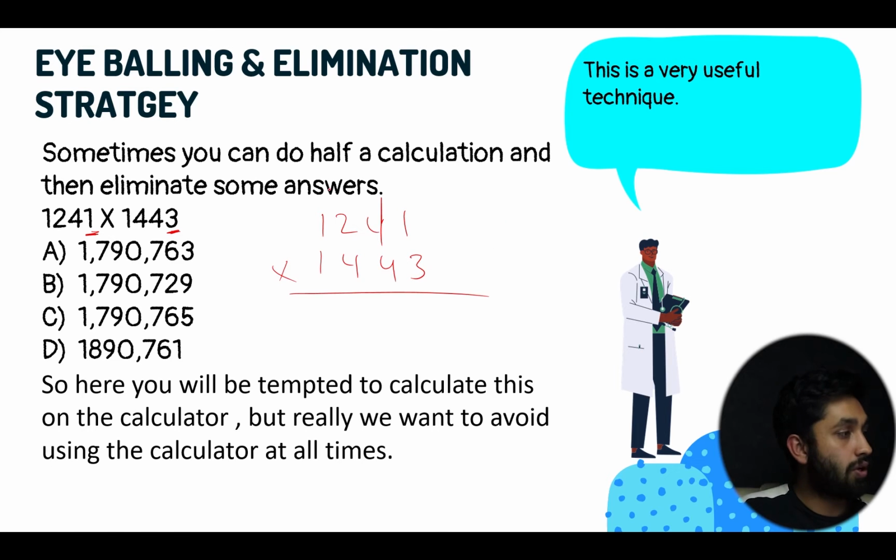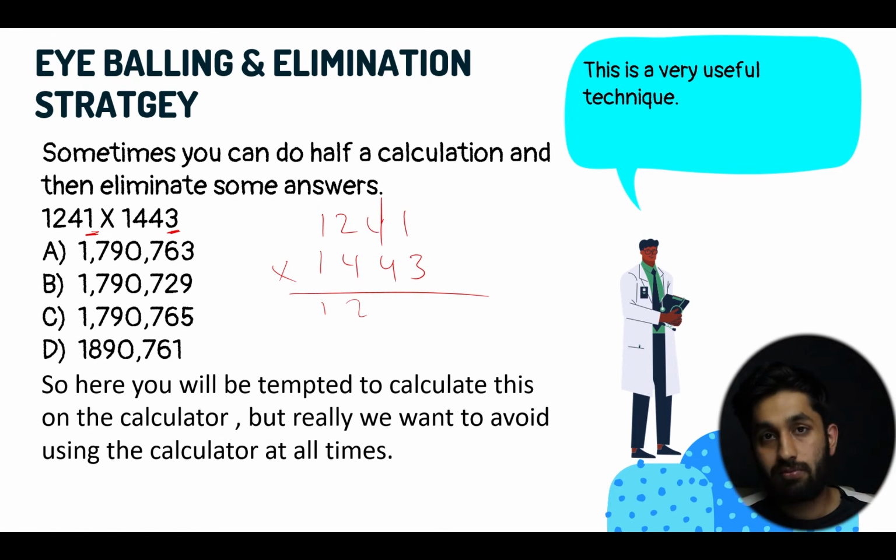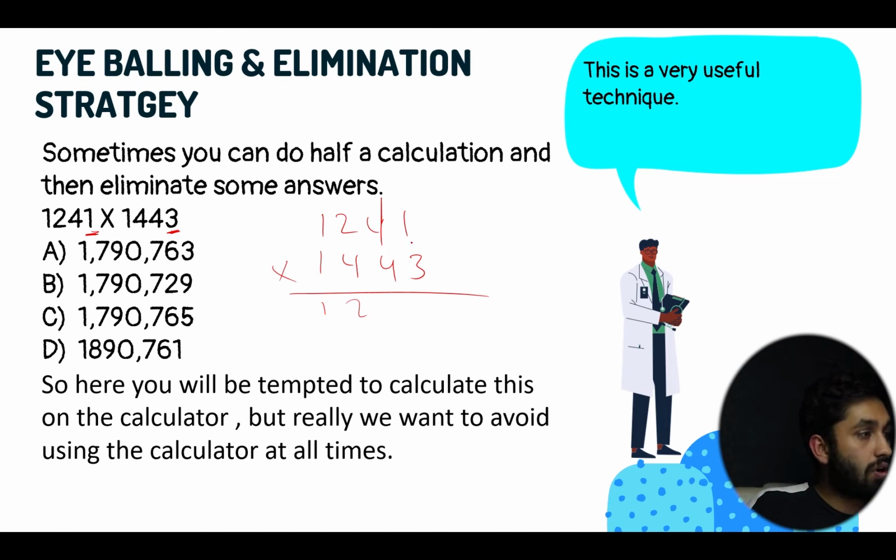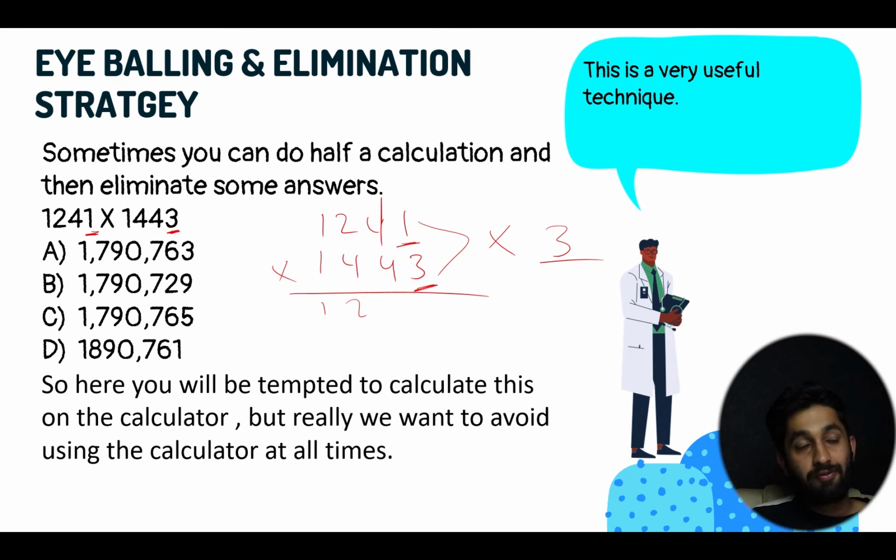But if we didn't have the calculator, then what? So we look at the last digits, 1 and 3, multiply them to give us 3. 3 is most likely going to be our last digit.